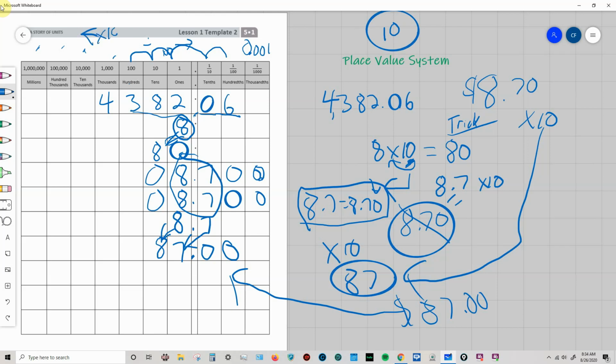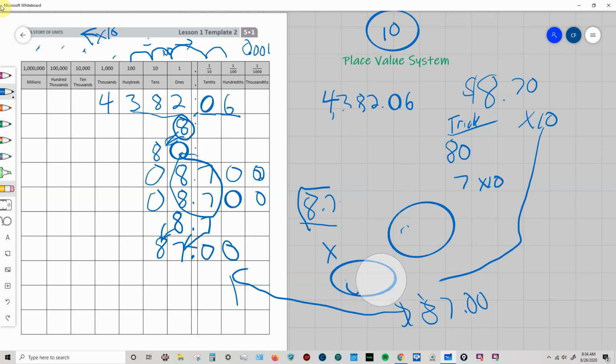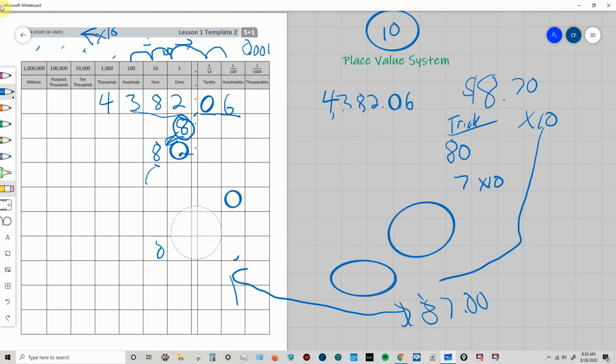And if we multiply by 10, you just move one place value to the left, which increases. And if you're dividing, you move a place value to the right. So obviously this will work for all powers of 10, which include 100, 1000, and so on.